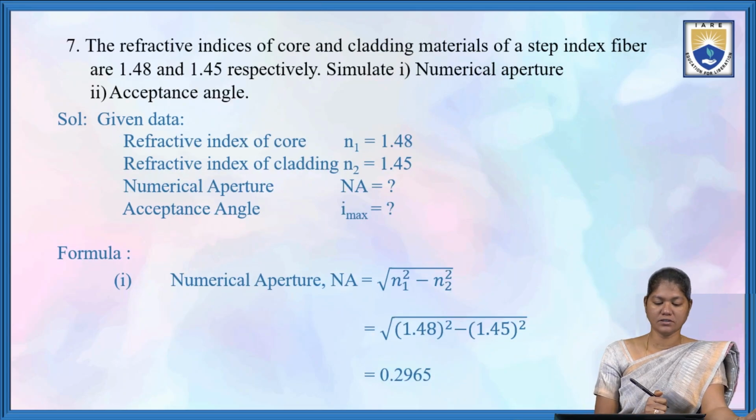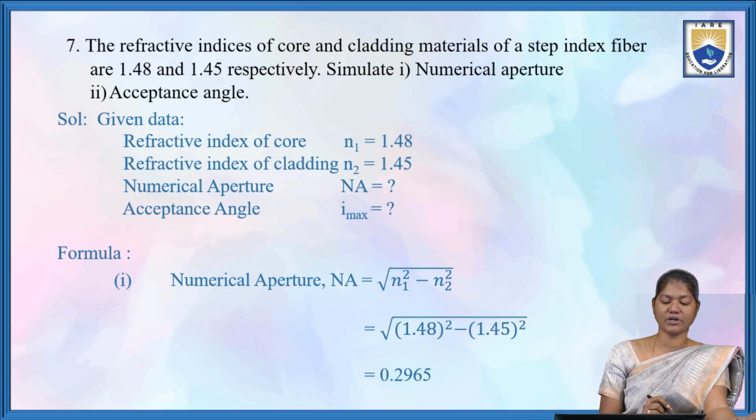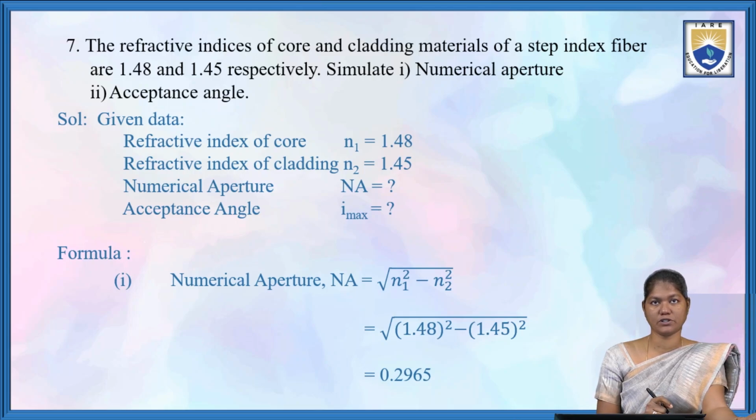Next, the refractive indices of the core and cladding materials of a step index optical fiber are 1.48 and 1.45 respectively. Calculate the numerical aperture and acceptance angle.